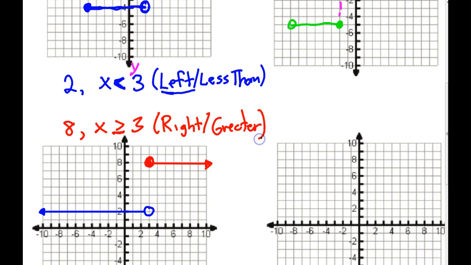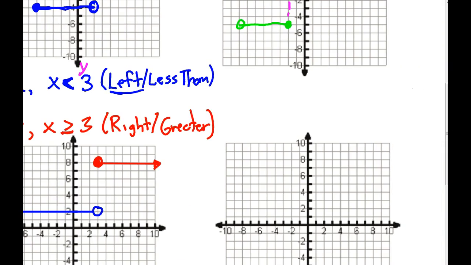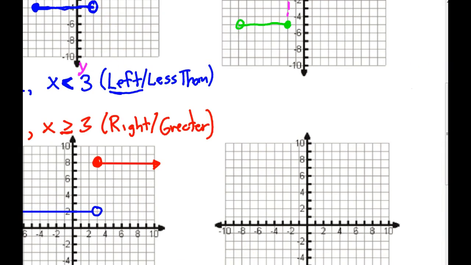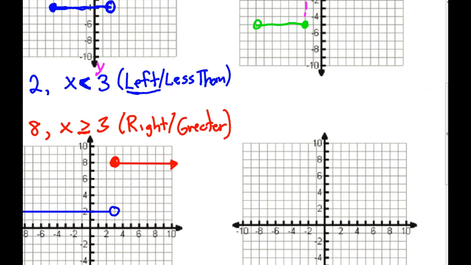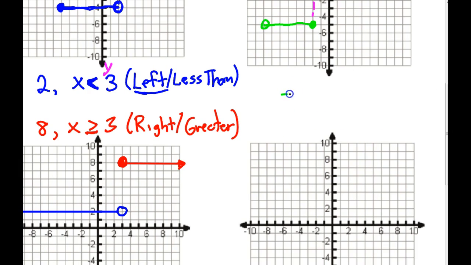Okay. I'll have you guys try this one. There's the first one.